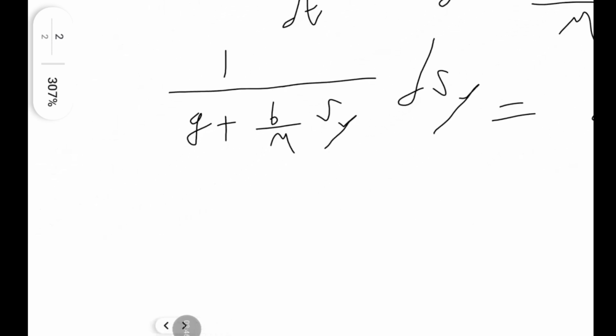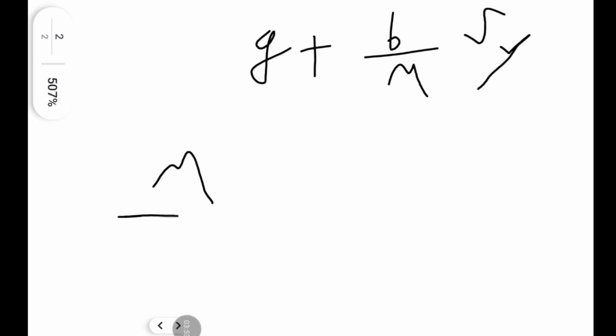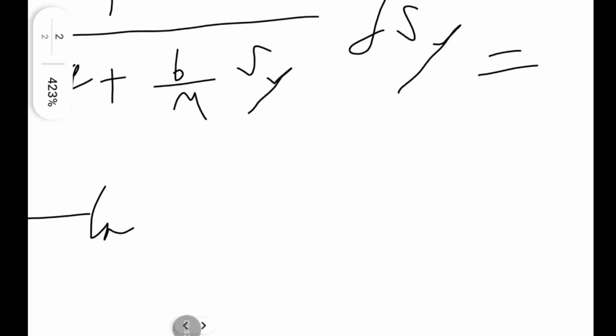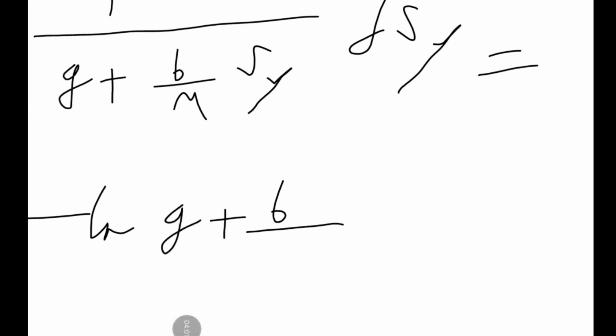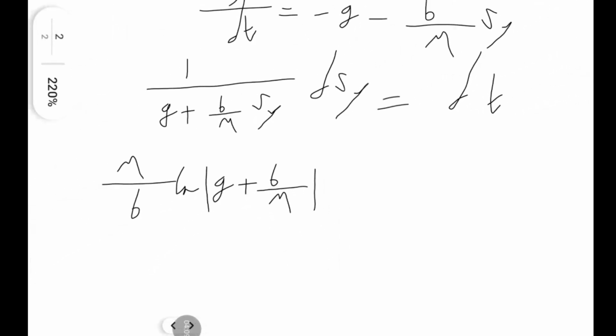The integral of 1 over g plus b over m vy is going to equal m over b times the natural log of g plus b over m vy, and that comes down to the chain rule.